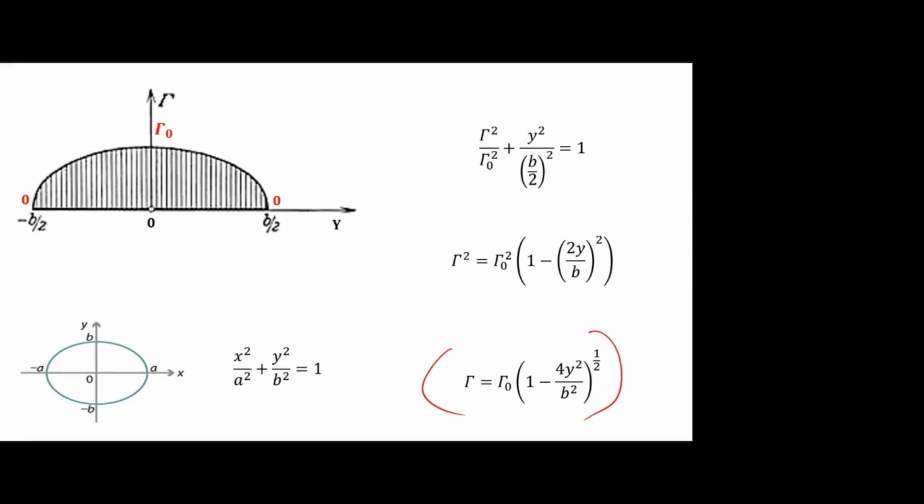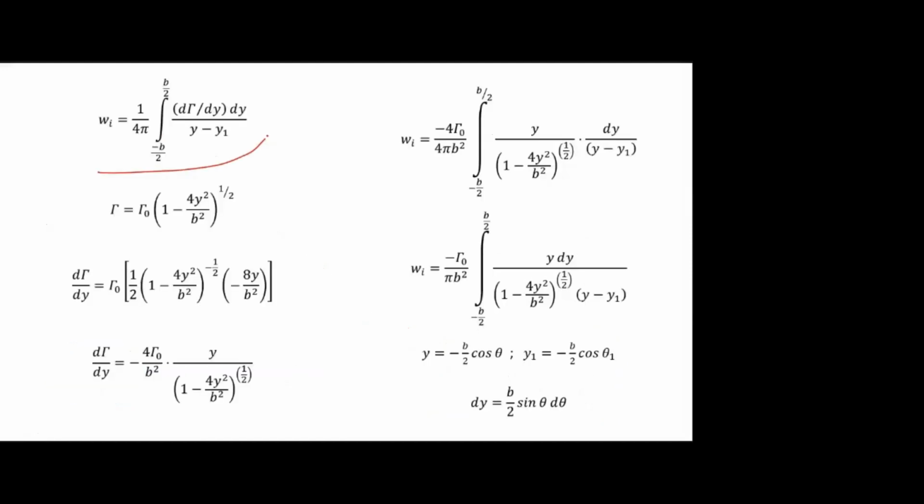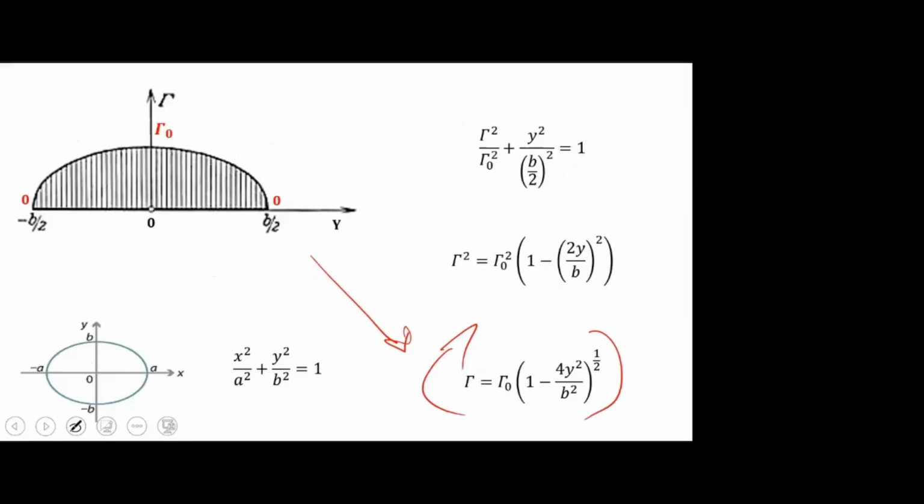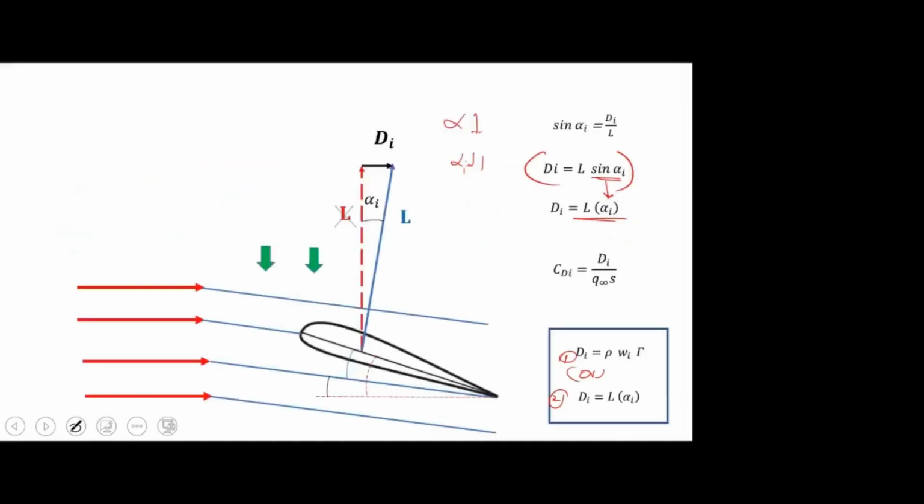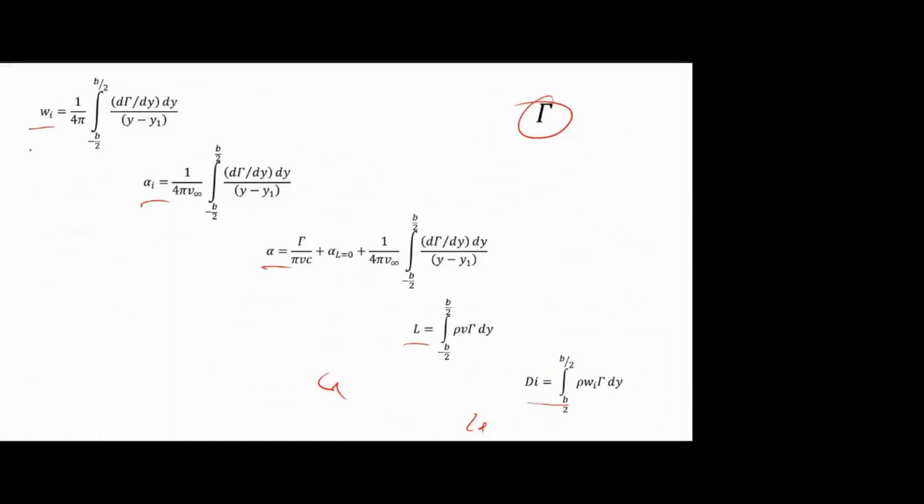You should remember this equation, the circulation equation for elliptical. Then these equations also you have to memorize, whatever the basic equations of Prandtl lifting line theory. Better you memorize these things also. It will be useful.